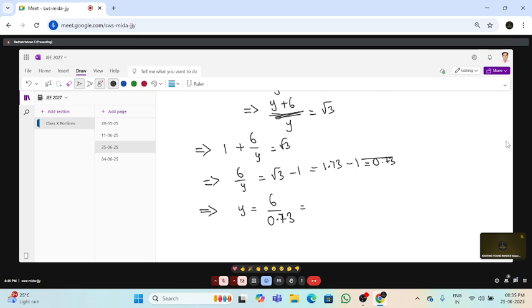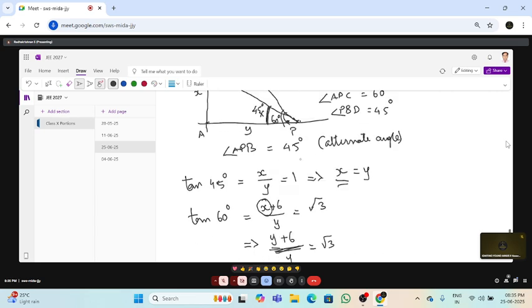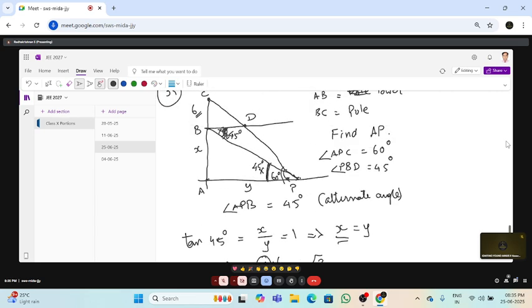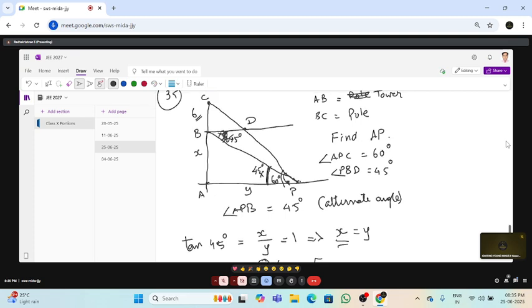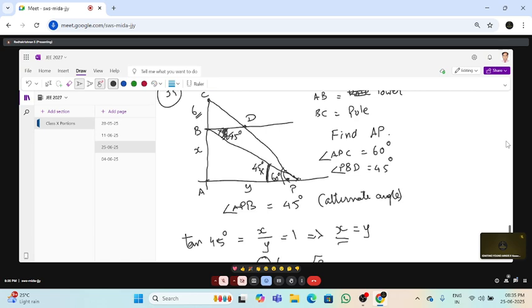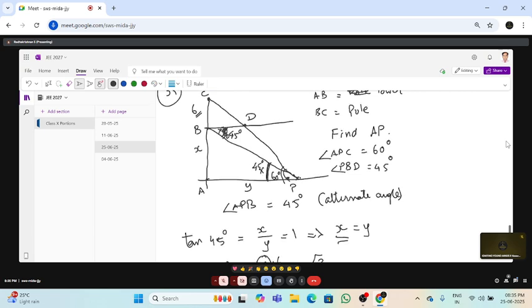And if you calculate it, it comes to around 8.2. Yes, sir. Comes to 8.2 meters. Simple trigonometry properties that we can use to determine the value of Y as 8.2.